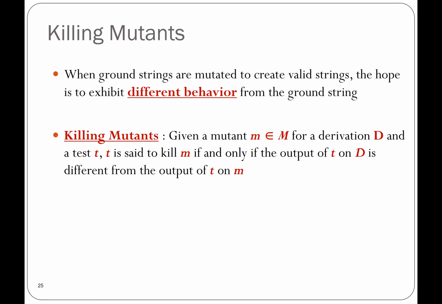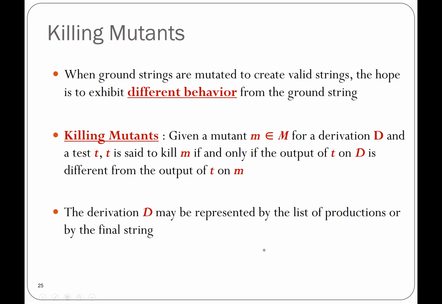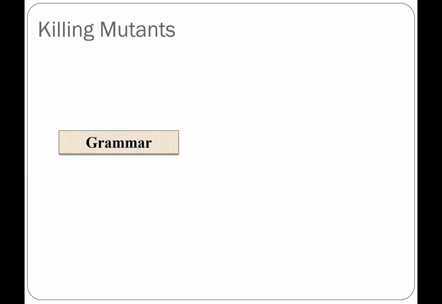So given a mutant M for a particular derivation D, and a particular test T, I would say that test T has killed the mutant if the output of T on that derivation is different from the output of T on the mutant. The derivation D may be presented by the list of productions or by the final string. So in other words, I have a grammar over here, and a mutant operator.